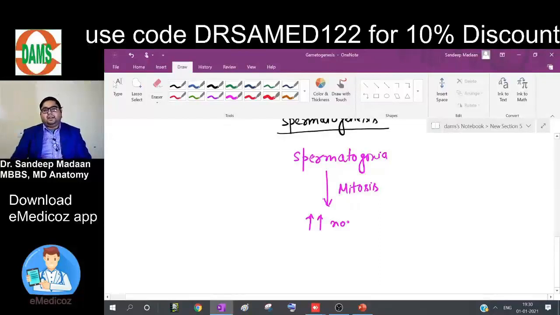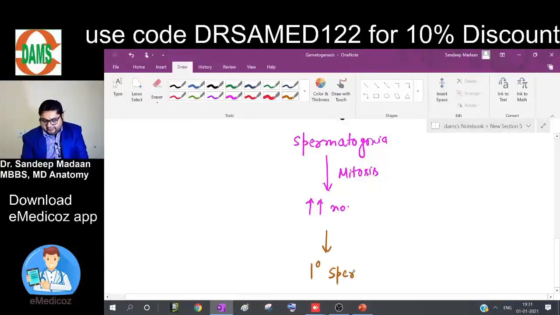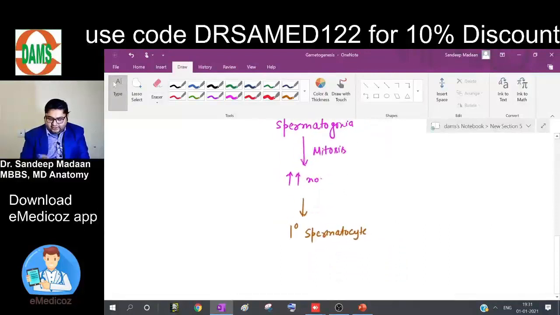Of these newly formed cells, a few will again make spermatogonia, but a few will become ready for the next division and become the primary spermatocyte. These are primary spermatocytes. Now primary spermatocytes will enter into meiosis 1.